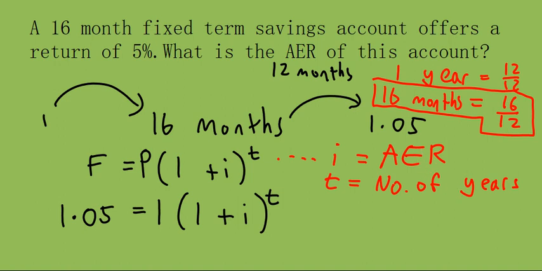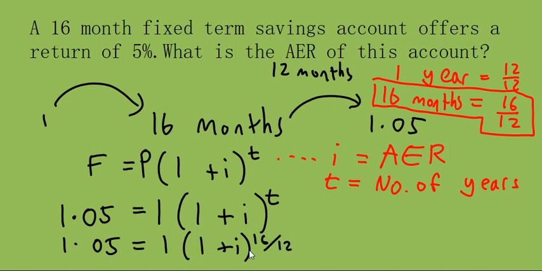So we can fill that in now. And remember, we're trying to find I equals AER, the annual equivalent rate, so we don't have an answer for that straight away. So 1.05 equals 1 plus I to the power of 16 over 12. Basically what this is saying is, if I invest €1 for 16 months at 5%, I'll get 1.05 at the end.